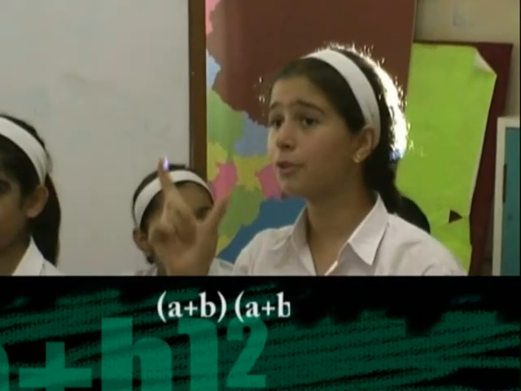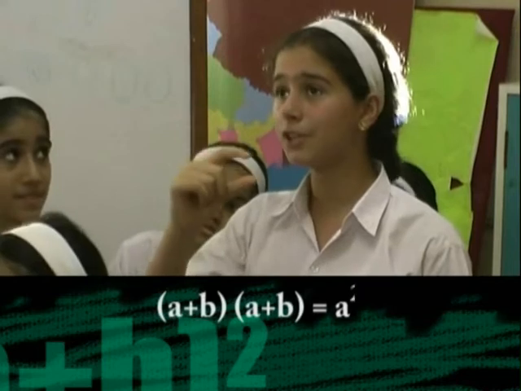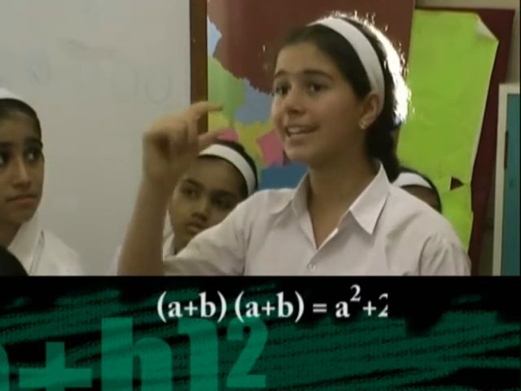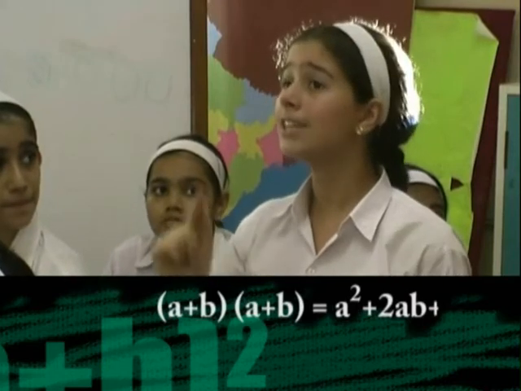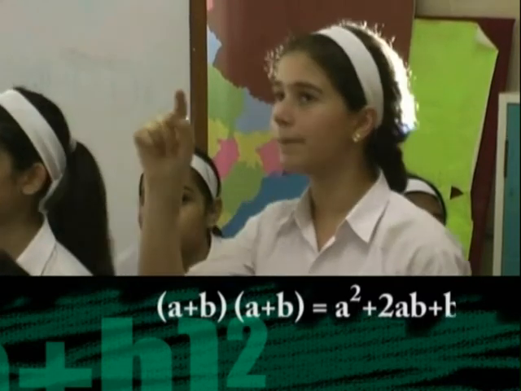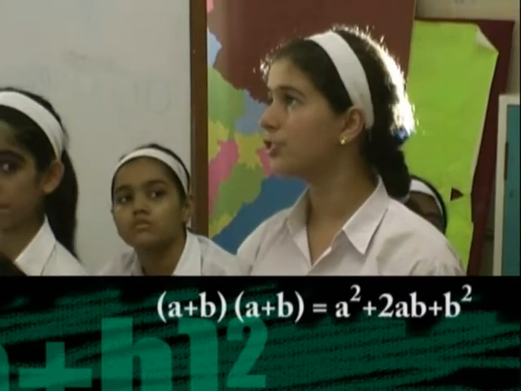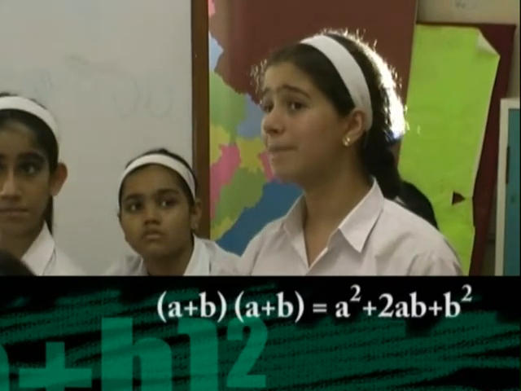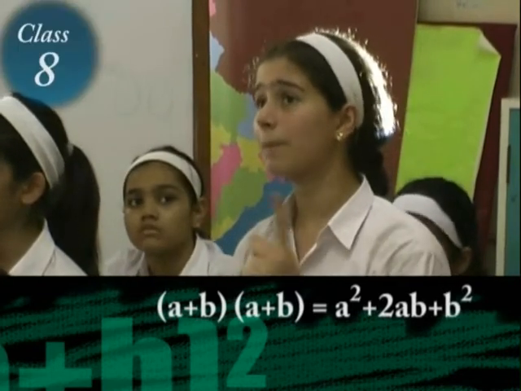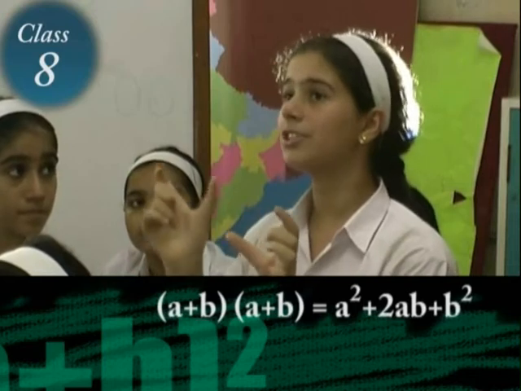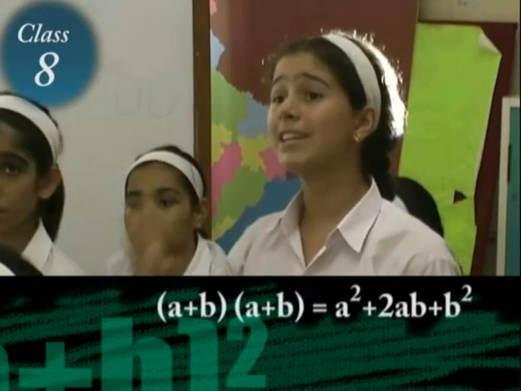And we've learned in a formula that when it's a plus b into a plus b, we square the first letter, which is a, so we get a square plus 2 into ab without any square plus the last letter, b, so we get b square, whereas here it's double. There we're taking it twice, a plus b into another a plus b, while here we're taking it 4 times.